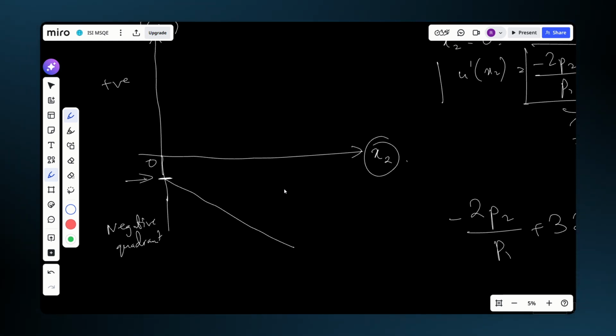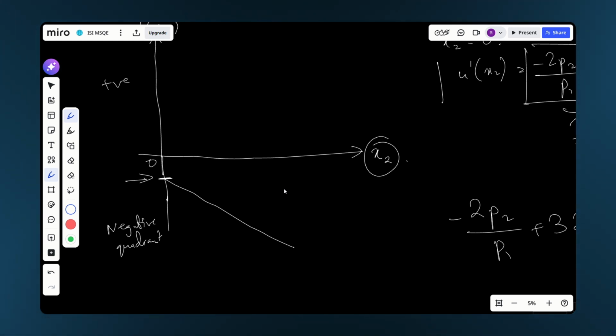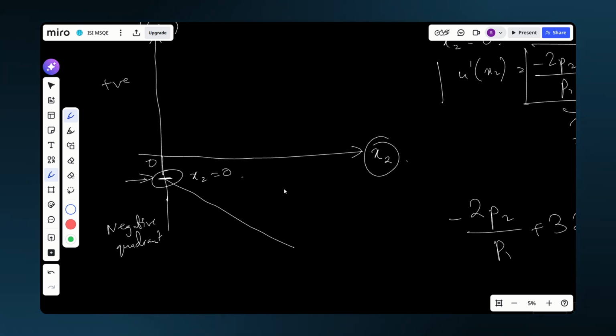Since u dash is negative, the utility will be going down. Okay, so the best case scenario for me will be to save whatever utility I have by consuming x2 equal to 0.